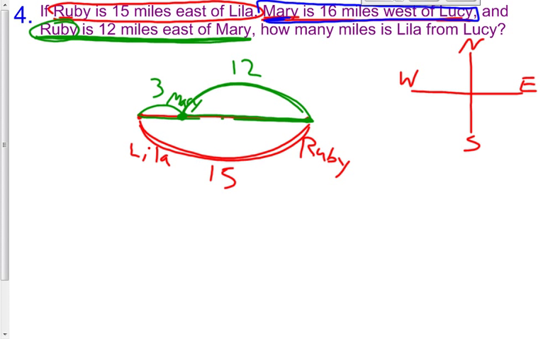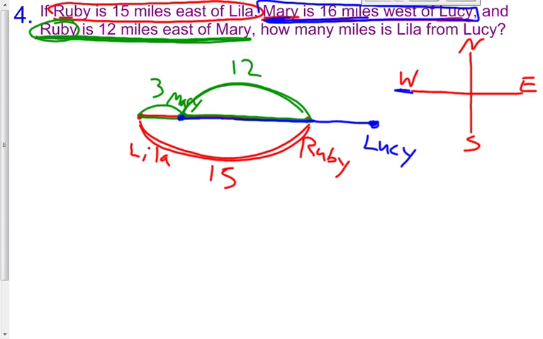Mary is 16 miles west of Lucy. So here's Mary. She's 16 miles west, which means left of Lucy. So here's 12 miles, and we need to go 16. So another 4 miles. Right here is where Lucy is. So check your work again.